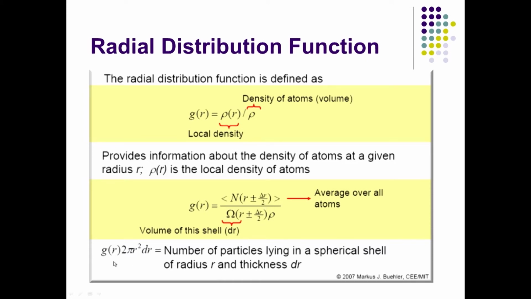So, g(r) times 2 pi r squared dr is the number of particles lying in a spherical shell of radius r and thickness dr. Think about this as a radial space and think about these two spheres separated by delta r. Now you are trying to find how many atoms are in that particular shell, which is delta r, from a radial distribution of the structure.